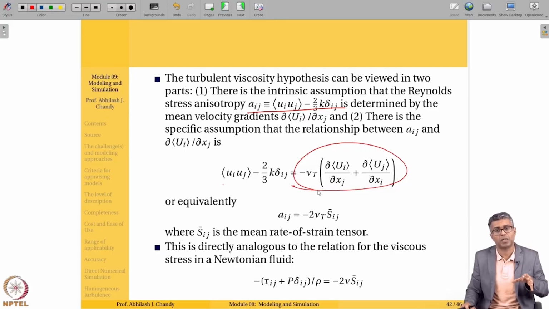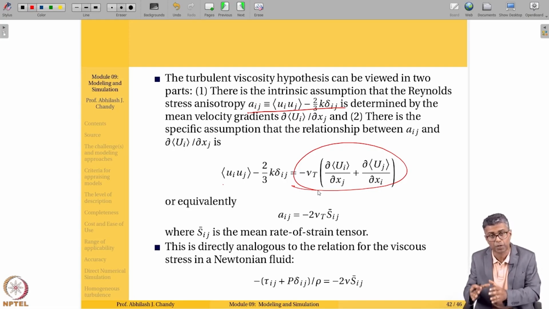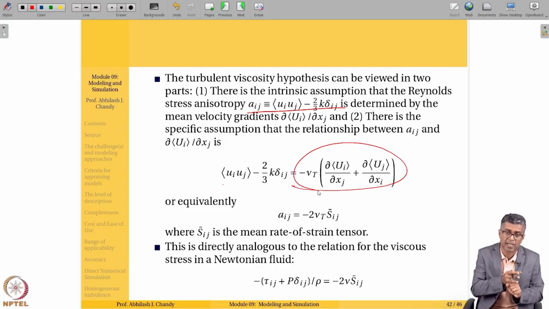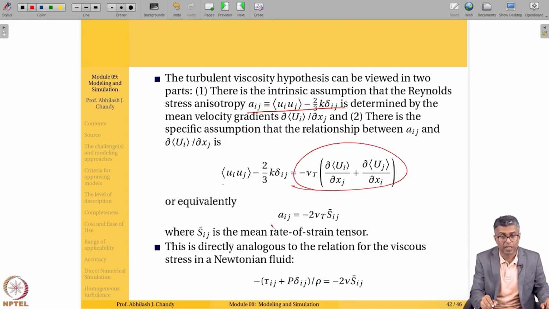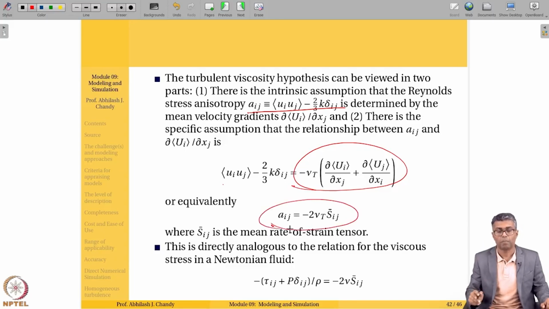The specific assumption is that the relationship is given by this particular relationship. The intrinsic assumption was that it is just proportional to the mean strain rate. The specific assumption is that it is equal to nu t times the strain rate. So essentially Aij, the anisotropic part of the Reynolds stress, is minus 2 nu t Sij.